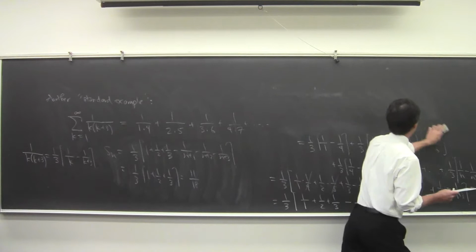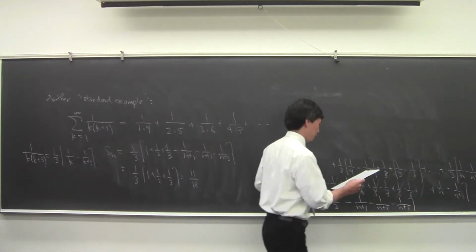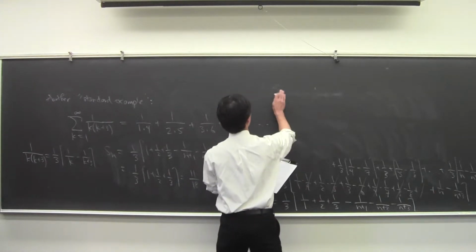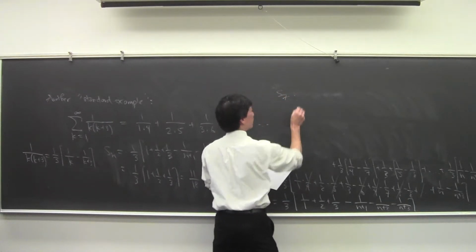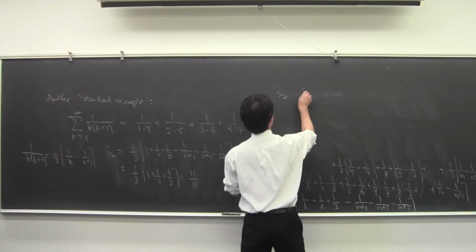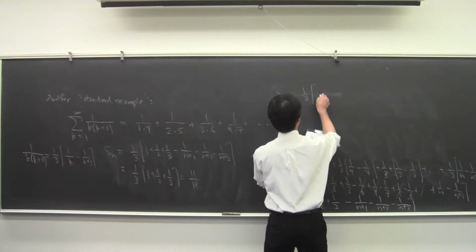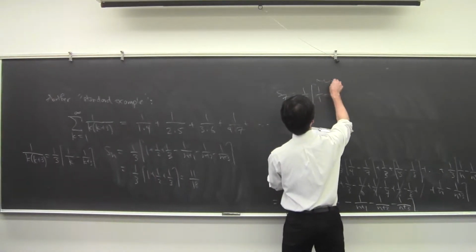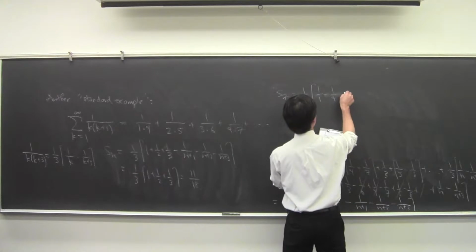Okay, so let's say S7. S7 is going to be 1/3 of 1 over 1 minus 1 over 4. This is from the first term.